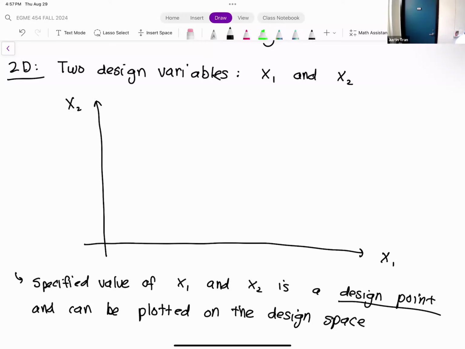Since we'll have a value for x1 and x2, we can plot it within this space. Let's say that we have a point right here, we'll call it P1. So P1 can represent a single design or design point for this optimization problem.